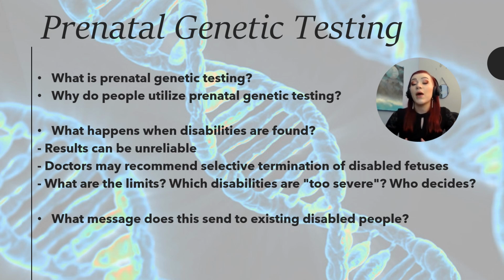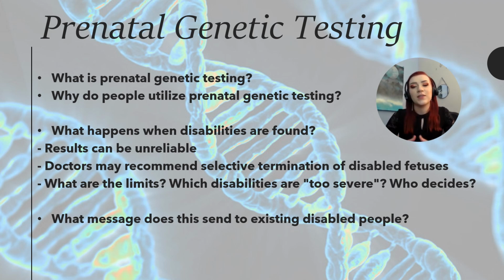What are the boundaries that people are making those decisions based on? Are there certain disabilities that are seen as too severe? And in that case, an individual will feel maybe this baby should not be born. Maybe selective termination is the right decision in that case. What are the boundaries there? Who gets to make those kinds of decisions?